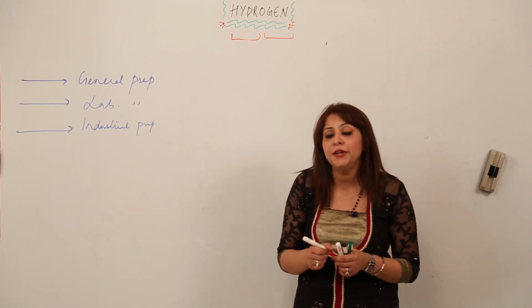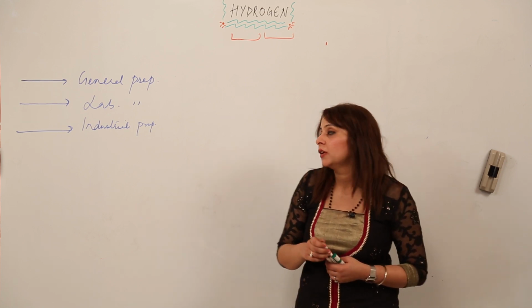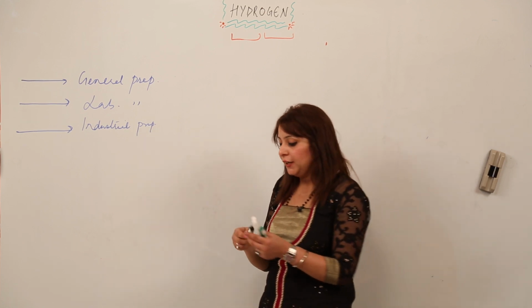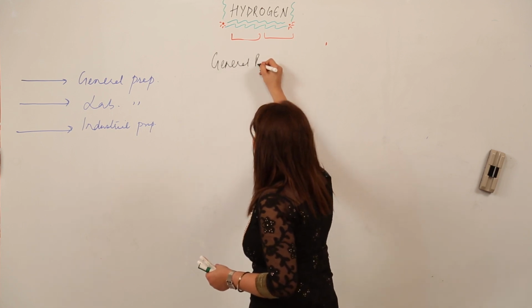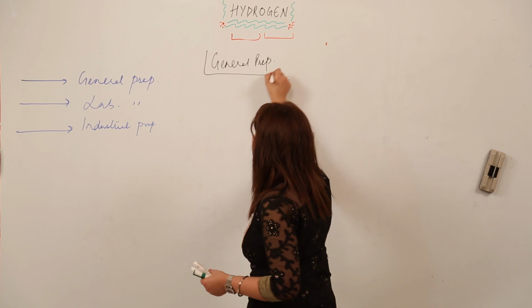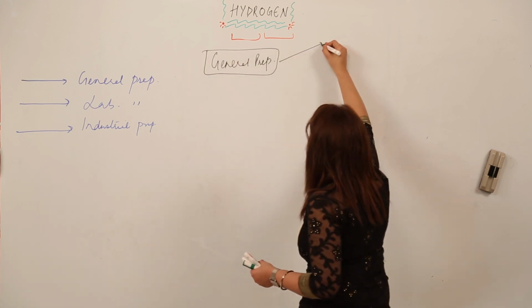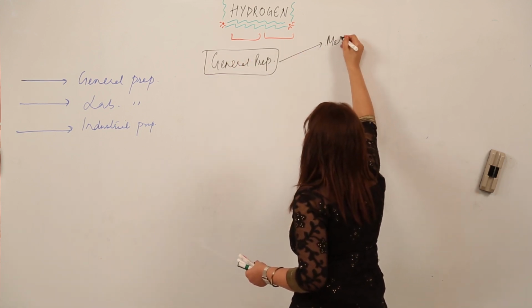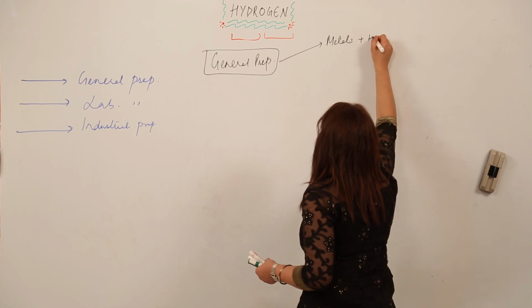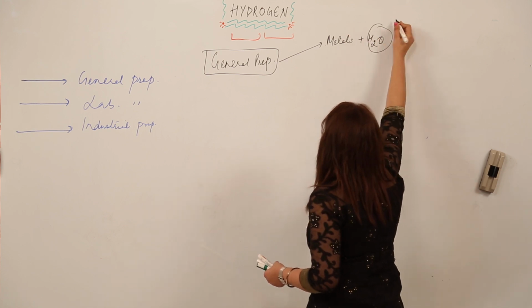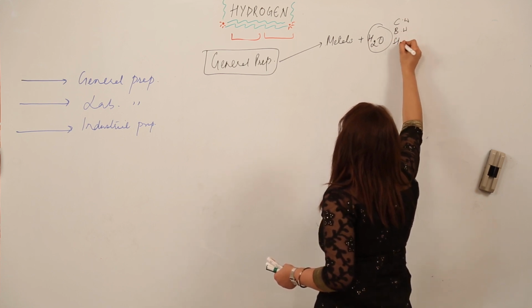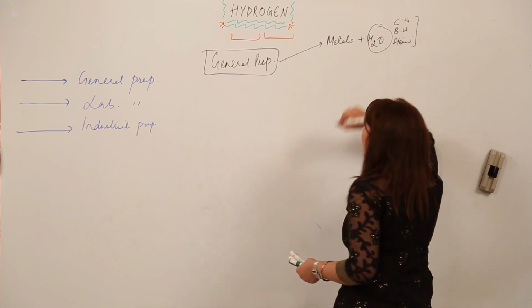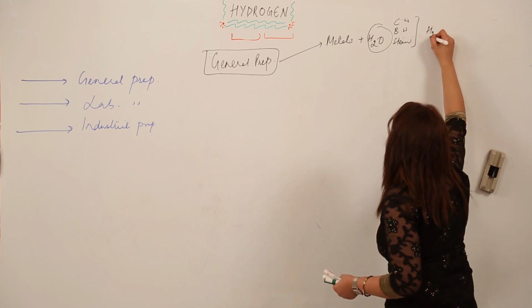That means the hydrogen is produced as a result of the reactions. So first I am taking into consideration the general preparation. The first general preparation we have is reaction of metals with water. No matter, it can be cold water, boiling water, or steam, but somehow after these reactions we get hydrogen.